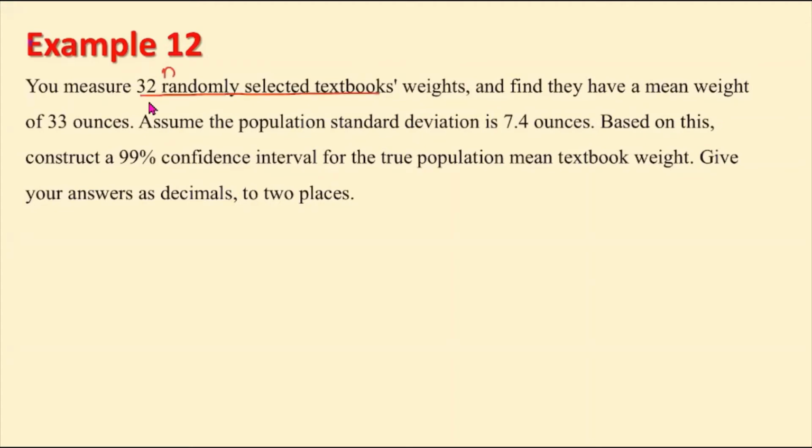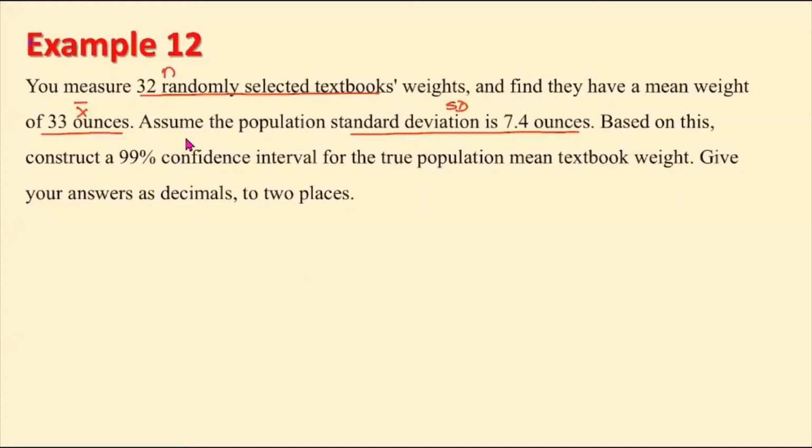You found the mean to be 33 ounces, and the standard deviation given is 7.4 ounces. Based on this, we have to construct the 99% confidence interval for the true mean textbook weight, and give our answer as a decimal. Okay, let's work on this now.